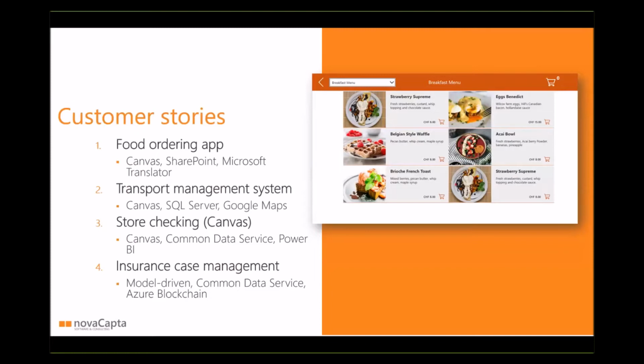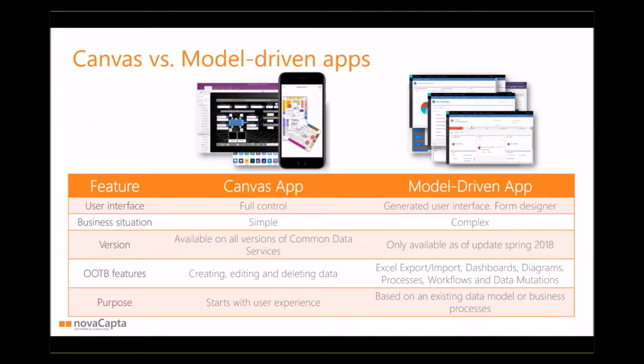Now, I mentioned Canvas app and model-driven app. What's the difference between those two apps? Canvas app is more like, as the name already says, a canvas where you can make a pixel perfect user interface. So you can design all the controls as you like, with different colors, different font types, and so on.